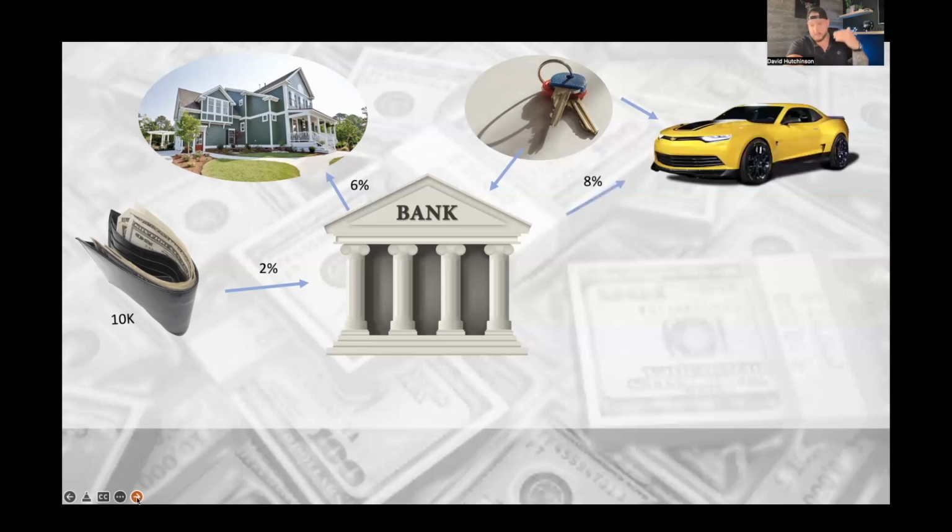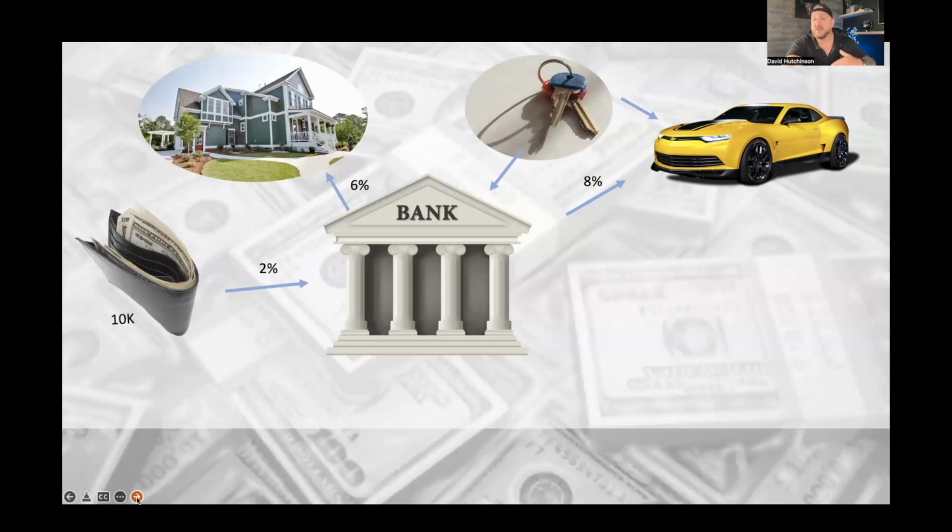And now, let's just say, in another example, you have the same thing with a car. The car is loaned to you at 8% interest. And those keys are given to you when you exchange the money for the keys, whether it's a private seller or a dealership. Let's say that you have a car that you bought from a private seller. The bank loans you the money for that. You're paying interest back to the bank on the car.